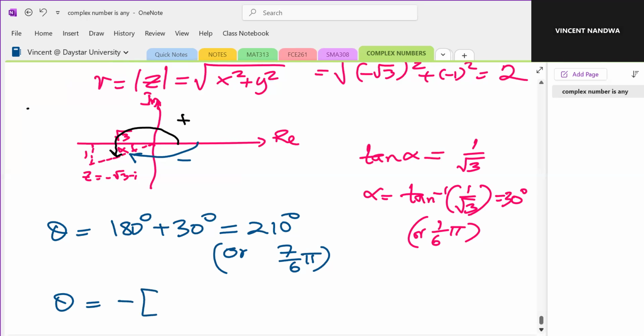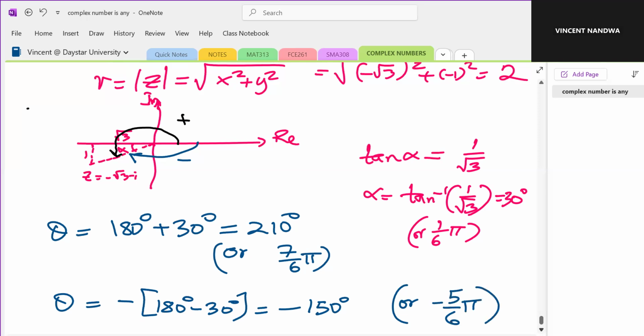So negative 150 degrees, because this is 30, to make a complete 180 you need now 150, but then 150 measured in the negative direction. This is the same as 150 divided by 180, the same as 5 over 6 pi, but negative.